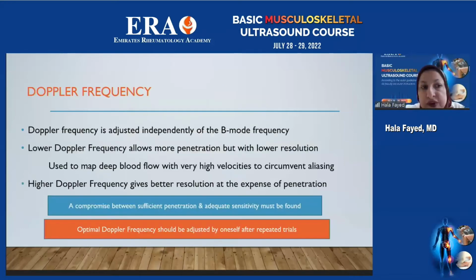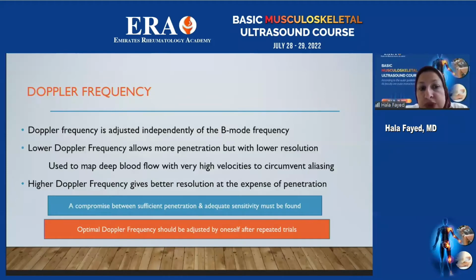What about Doppler frequency? Actually, we have Doppler frequency independent of the B-mode frequency adjustment. A lower Doppler frequency allows more penetration, but with lower resolution, the same rule as we use for B-mode. It is used to map deep blood flow with very high velocities, to circumvent an aneurysm.